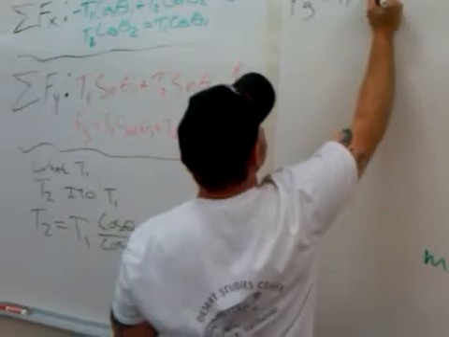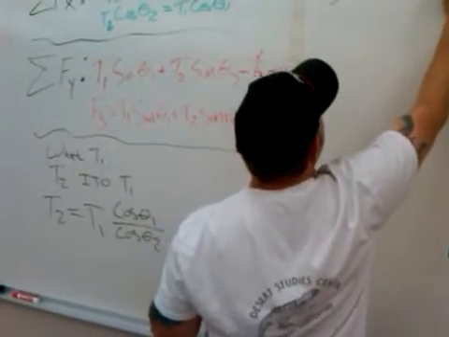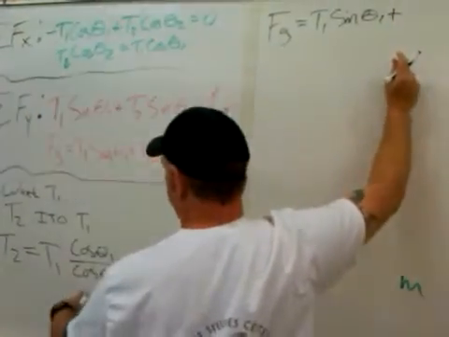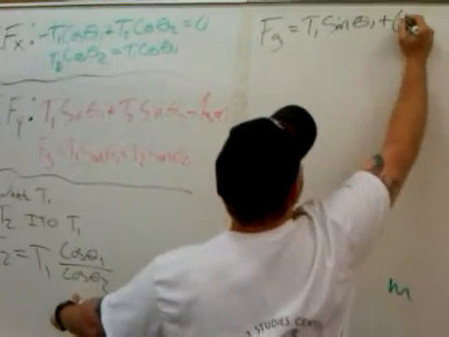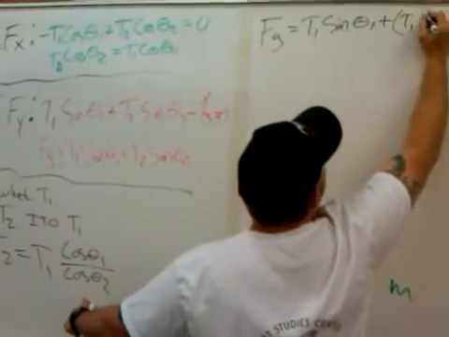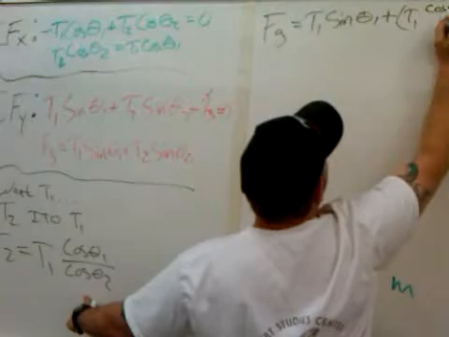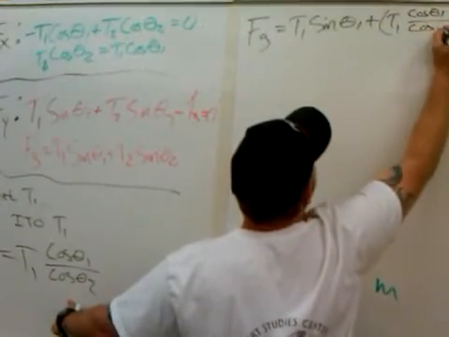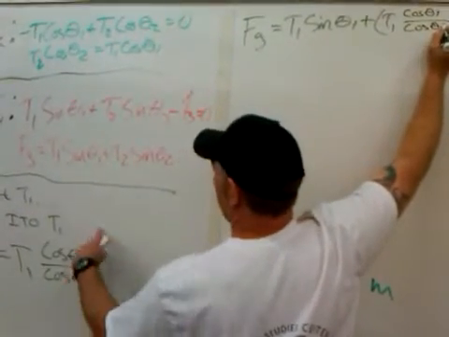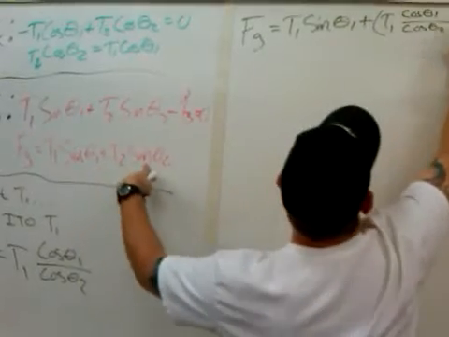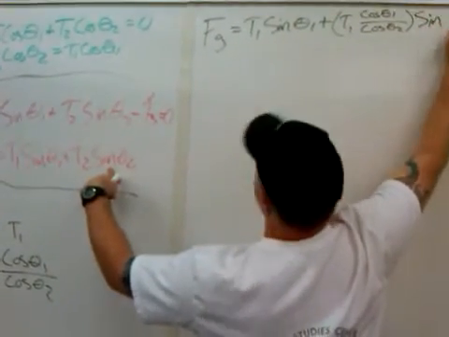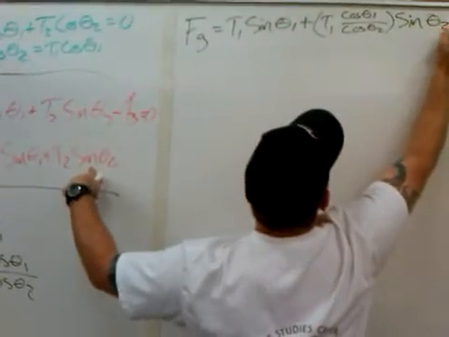T1 sine theta 1 plus T2, which is this, T1 cosine theta 1 over cosine theta 2. That was my T2. I still have this sine over here, though, sine theta 2.